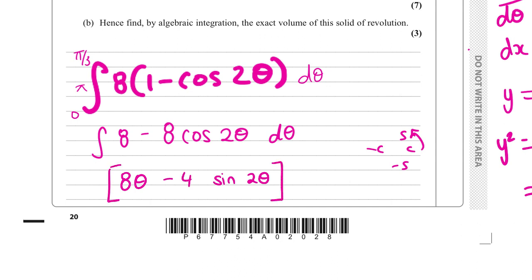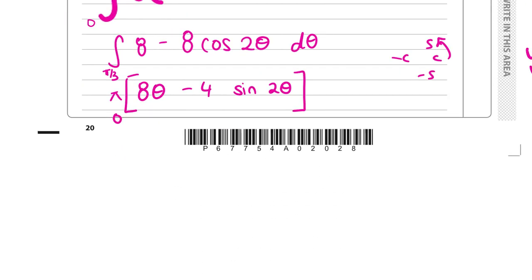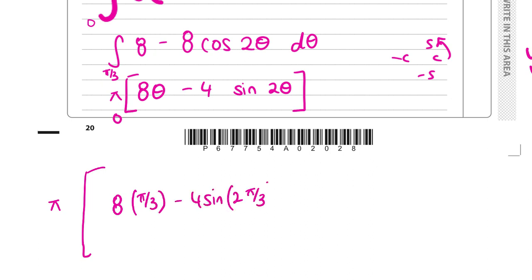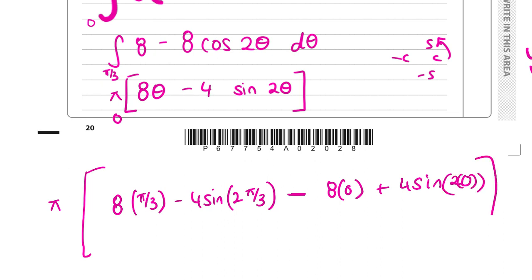Now I have this between pi over 3 and 0, and then I'm going to multiply everything by pi. So now I'm going to have 8 lots of pi over 3 minus 4 sine of 2 lots of pi over 3, minus 8 lots of 0 plus 4 lots of sine of 2 lots of 0.